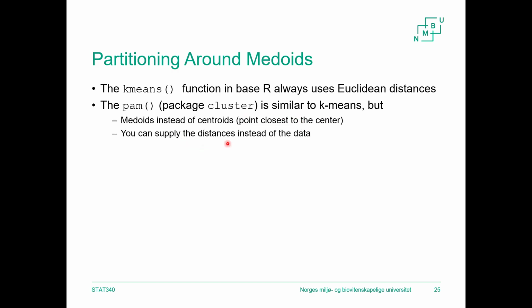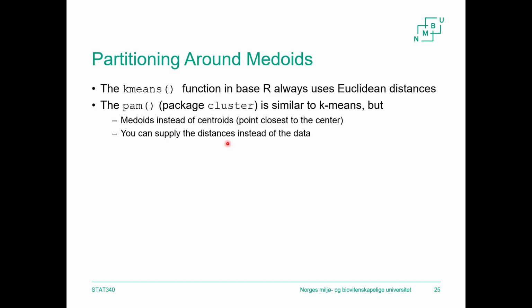And the nice thing about PAM is that you can supply a distance matrix or a distance object instead of the raw data. Because in k-means you have to supply the raw data, and k-means will itself compute the Euclidean distances, while PAM does not.